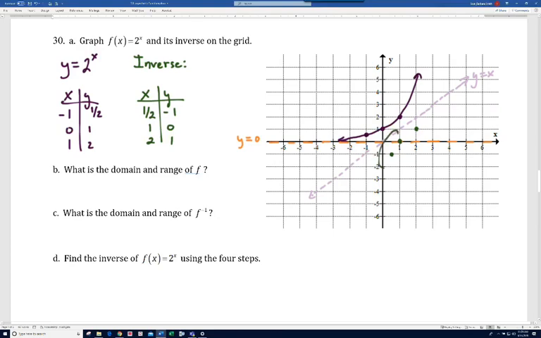So on this lower end here, this graph's going to look something like that. Notice for the exponential function, you have an asymptote at y equals 0. This one's going to have one at x equals 0. And then let's go ahead and finish the graph off to the right.